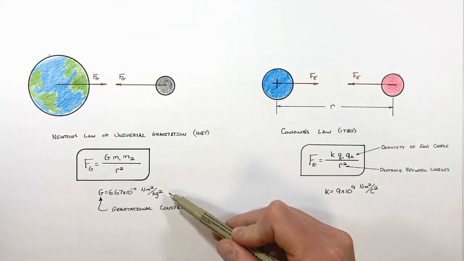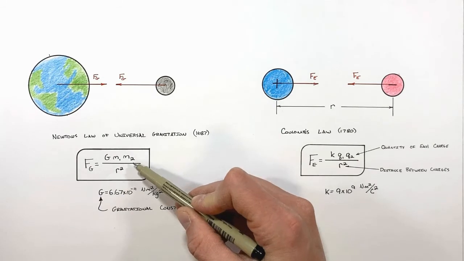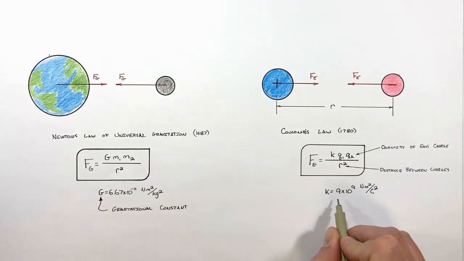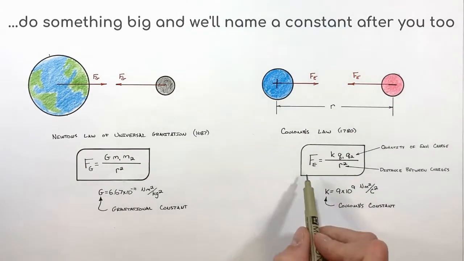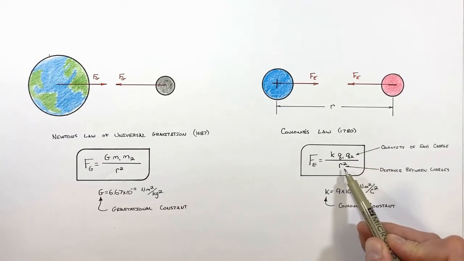And much like with gravity, where we have a constant which relates just how strong this force by gravity is to the actual masses and their distance, when dealing with the electric force, we have a constant called Coulomb's constant, which relates the electric force to the quantity of charge and the distance between those two charges.